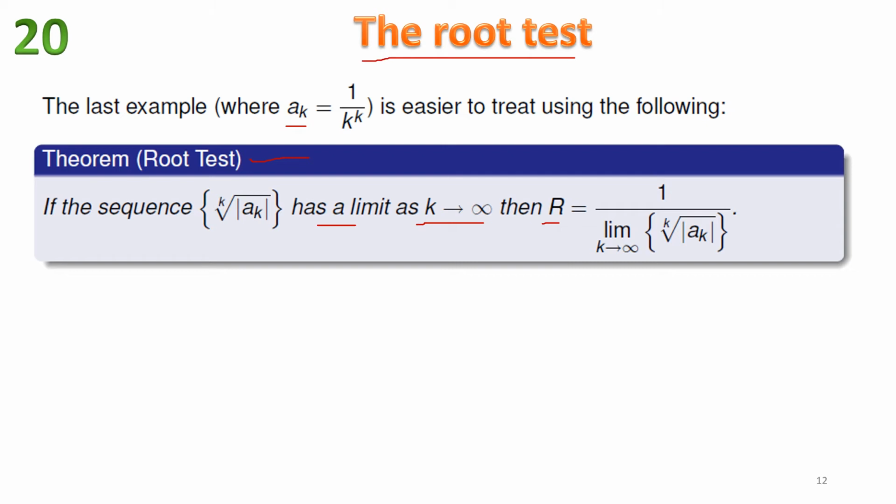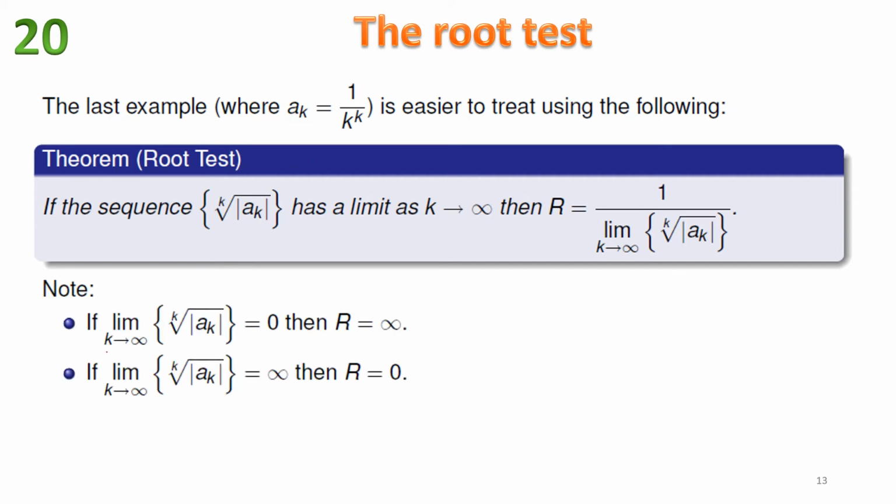So we have to obtain the limit, and we have to find the reciprocal of that to obtain the radius of convergence. Now it is obvious that if this limit is 0, then the radius of convergence is infinity, and otherwise if the limit is infinite, then the radius of convergence is 0. To understand this test, let us go through some examples.